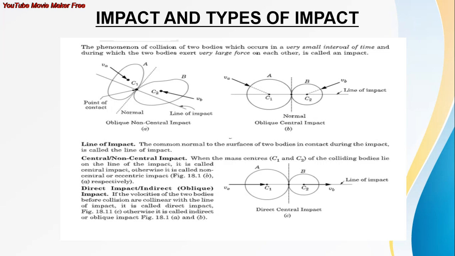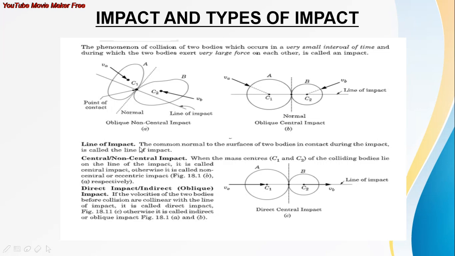Before we understand types of impacts, first we understand what is line of impact. Whenever two bodies impact each other, there is a normal to the surfaces of the two bodies. That normal is known as line of impact.